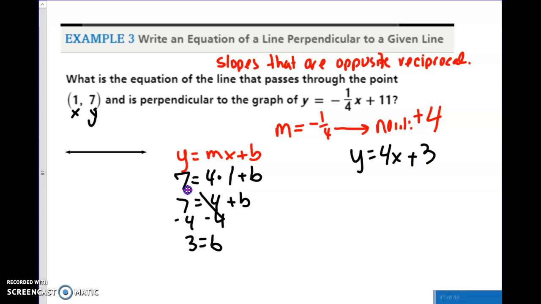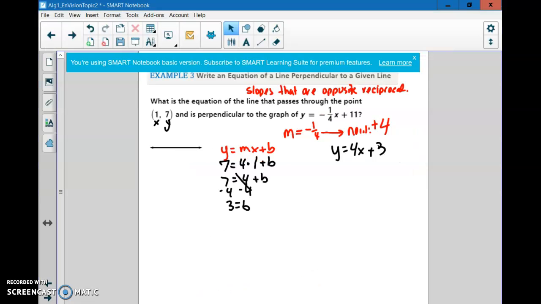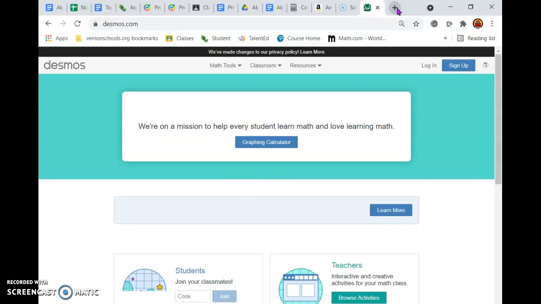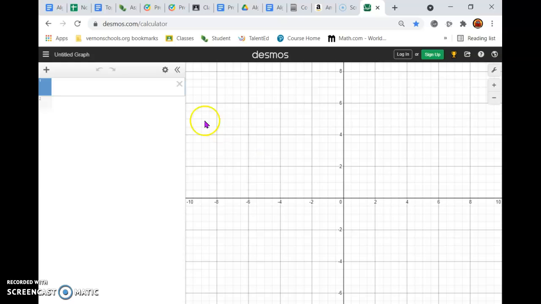So let's go ahead and actually confirm this, because I don't know if you at home remember Desmos, but it's a really good tool as you're checking your work. I have no problem with you using this on tests and quizzes, as long as you can show me the work, you can use this to check your work. So the first line was negative 1 over 4x plus 11, I believe.